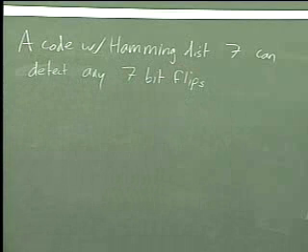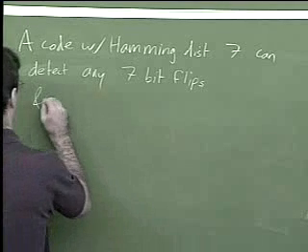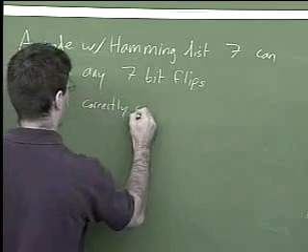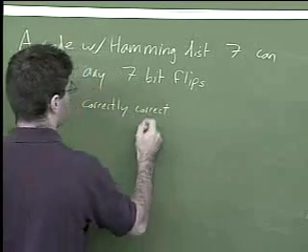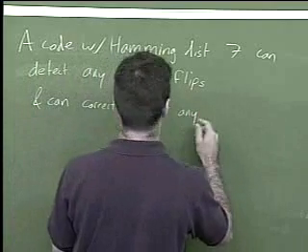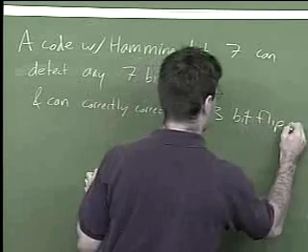So I transmit a message with this code with Hamming distance 7. If 7 of the bits or fewer are flipped, I can detect that 7 of the bits or fewer have been flipped. Okay? And it can correctly correct any 3 flips.